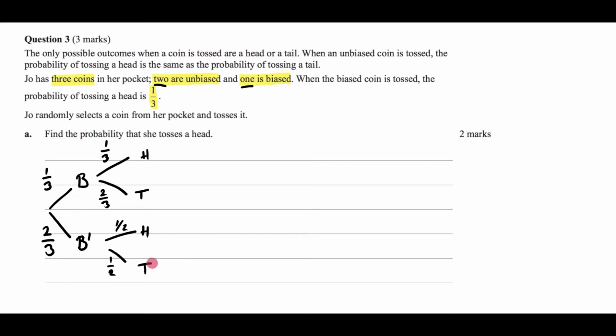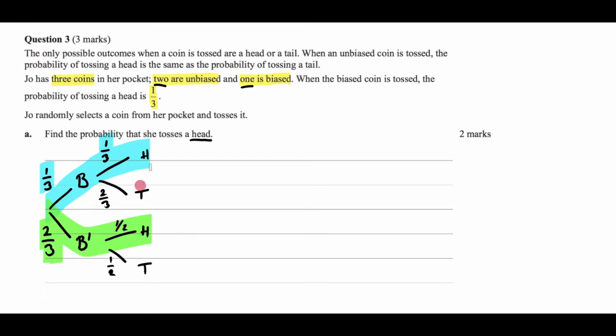Okay, so now having figured that out, what we need to find is the probability that she tosses a head. The probability of her tossing a head would be, first she picks up a biased coin and then she tosses a head, so 1/3 times 1/3. Or alternatively, she selects an unbiased coin and then she gets the head.